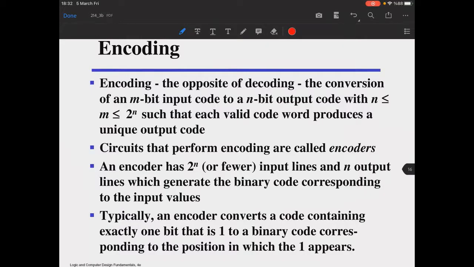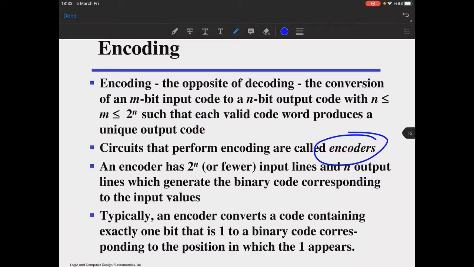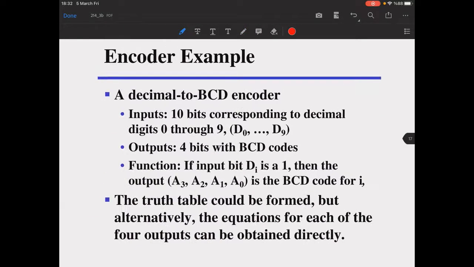The circuits that do the encoding are called encoders. That's the idea. Let's try to understand this with an example. Suppose that you're trying to design a decimal to BCD encoder.